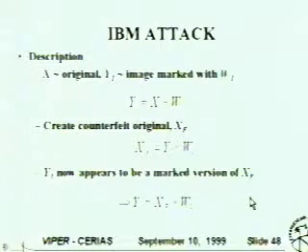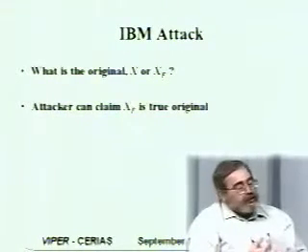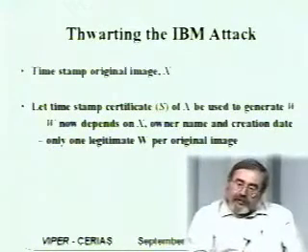Okay, and this was a real problem. And Fred Mintzer's group proposed this and a couple of other interesting attacks. Now, as I said, which one is the original, X or XF? The attacker could have claimed that XF is the original. Now, one way to get around this is to timestamp the original image.